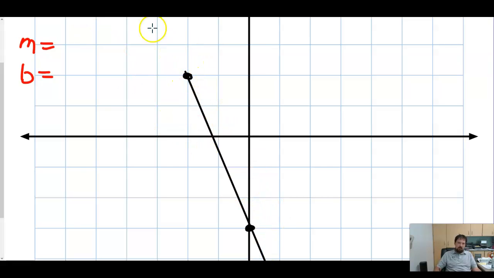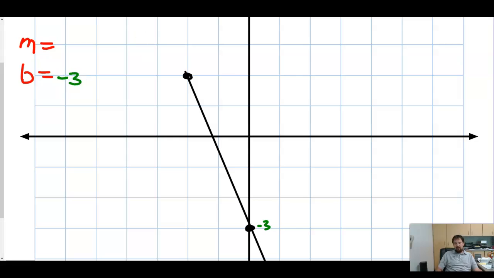It would continue and go through that way as well. We want to know what the equation is for this line. So I need to find the b and the m. The b is just where does it cross the y-axis. Right here is where it crosses. What's my value right here? Negative 1, negative 2, negative 3. So my b is negative 3.